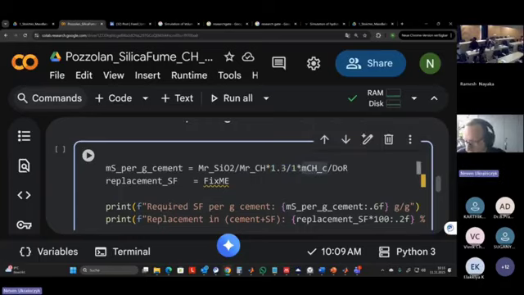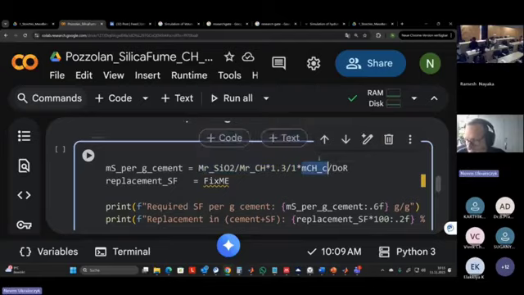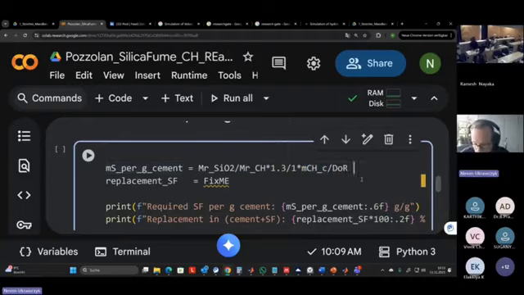And the new part now, because this gives you the amount of silica fume per gram of portlandite, we need to know how much portlandite per gram of cement, which is 0.27. And then we get the unit per gram of cement. And we should divide by the degree of reaction, because then we need more silica fume. And the unit is gram of silica fume per gram of cement.